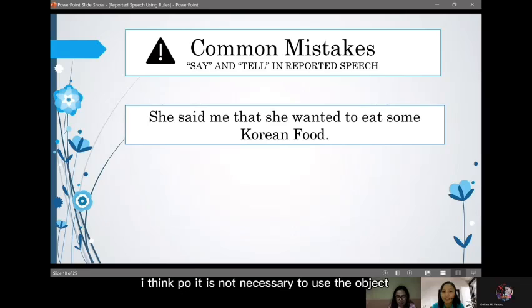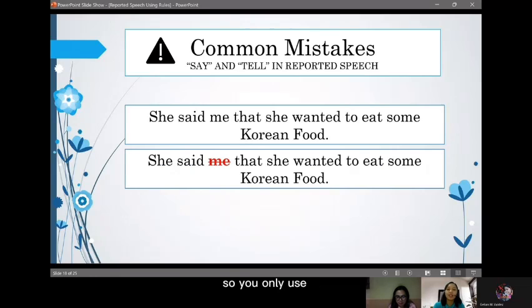I think it is not necessary to use the object in this sentence. Yes, that's right. So, you only use an object when the reporting verb is to tell. Okay.